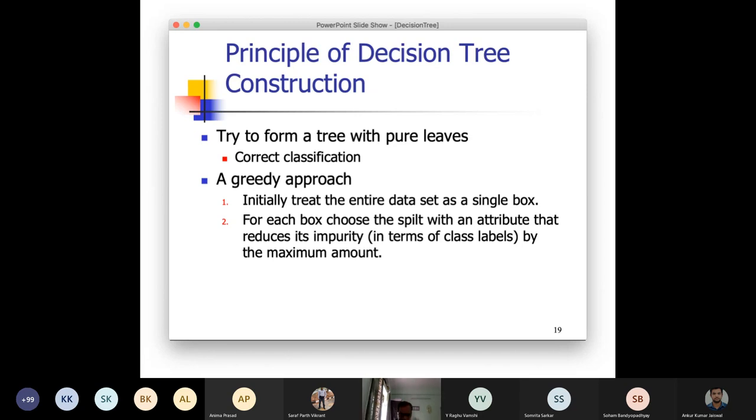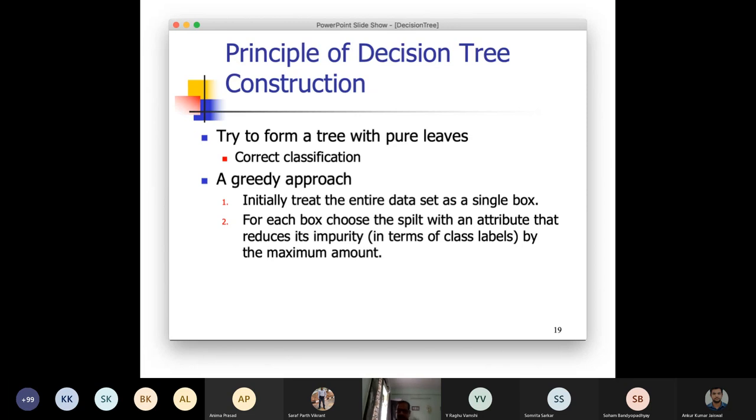And if I consider a particular split, suppose you have identified an attribute and a value, given an attribute and a value, you can always sort training examples into two partitions. One partition will have that attribute value, and the other partition will not have that attribute value.